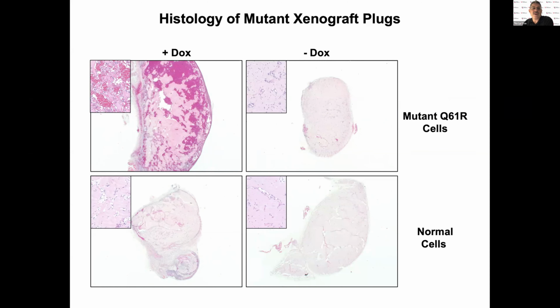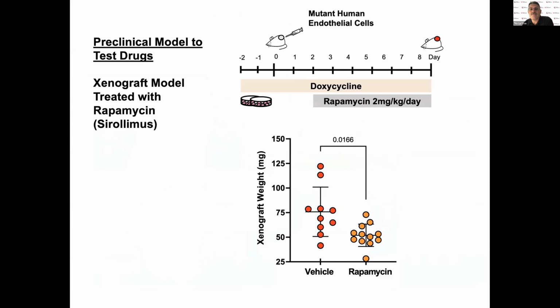So again, this provides a model that we can study both how these mutant cells form these vessels, the types of vessels they make. And then the other thing that we've done recently is start to use this model to test drugs. So this is an in vivo or a mouse model where you can take the mice, inject the mutant cells, let them grow a bit.